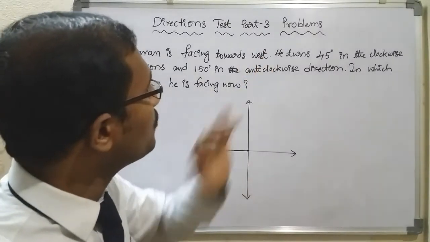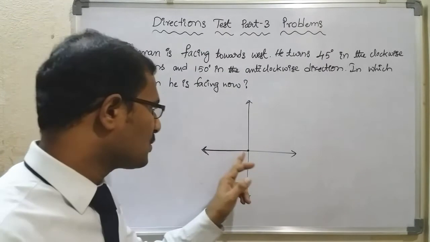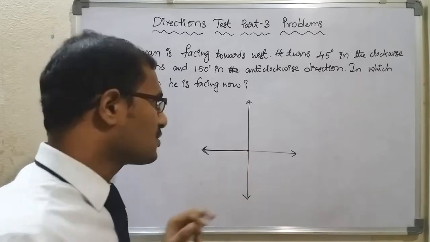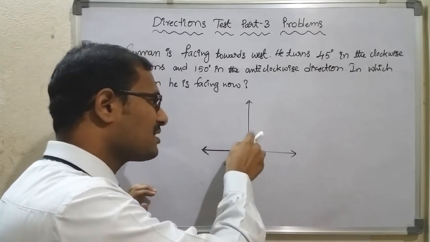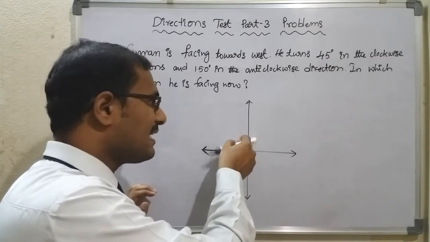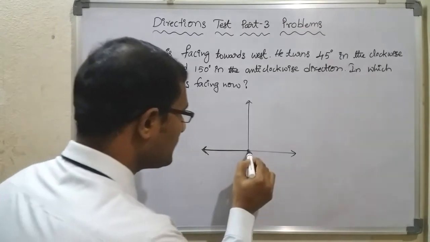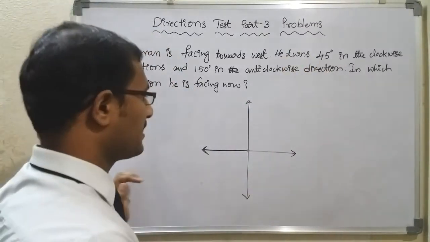Now after that what happened? He turns 45 degrees in the clockwise direction. So the same person Suman is turning 45 degrees towards the clockwise direction. Clockwise direction is this direction, and exactly the opposite direction is the anti-clockwise direction. So now see, he turns 45 degrees in the clockwise direction.